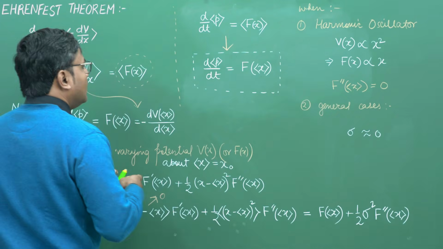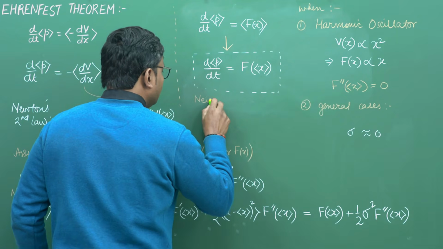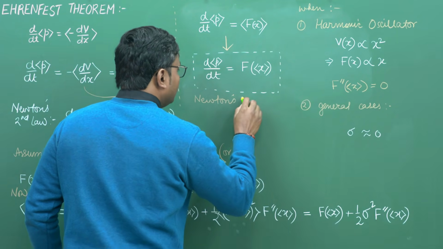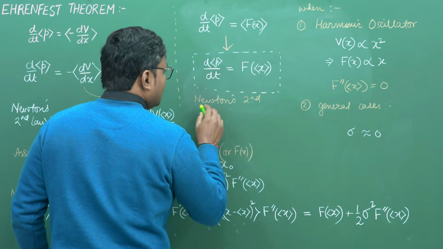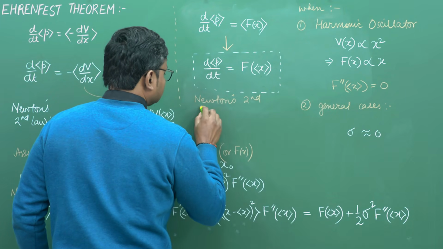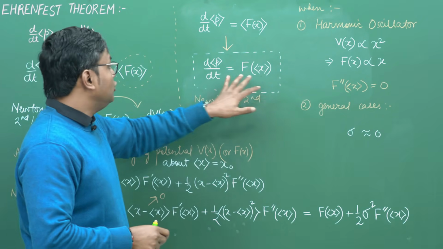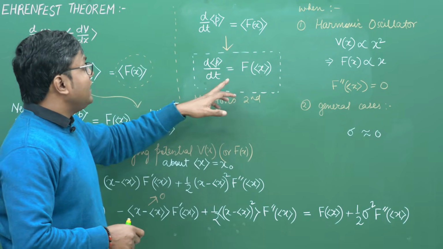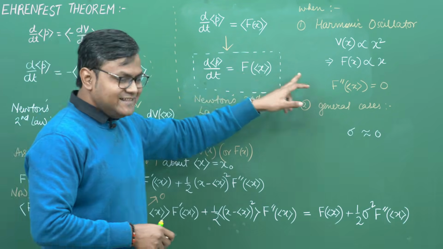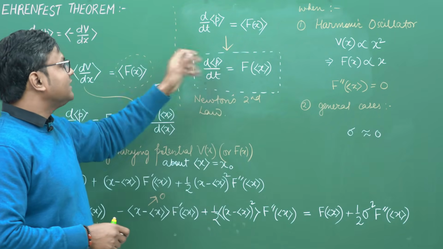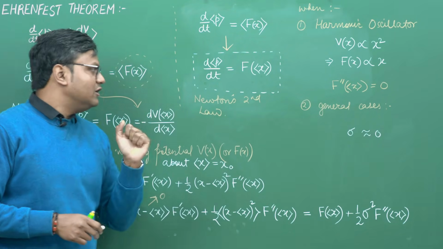So this is nothing but the bridge between the quantum mechanical picture and the classical mechanical picture, where instead of having force equal to the time derivative of momentum, we have the force at the expectation value of position equal to the time derivative of the expectation value of momentum.